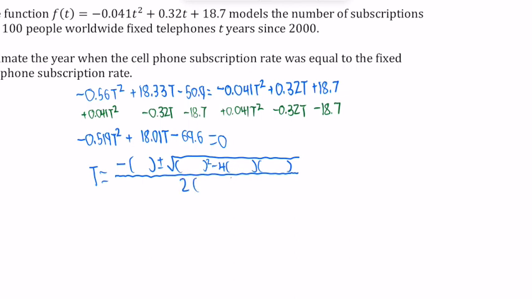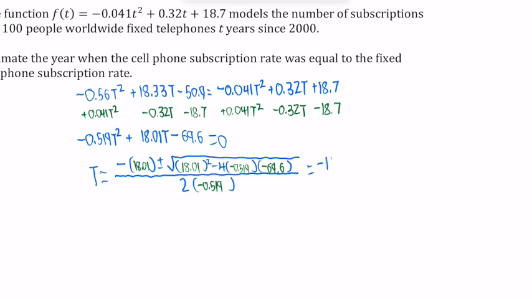In the denominator, we have 2 times a parentheses. b is 18.01, so that goes in our first two blanks. a is negative 0.519, so that goes in the next blank and in the blank on the bottom. c is negative 69.6, like so.